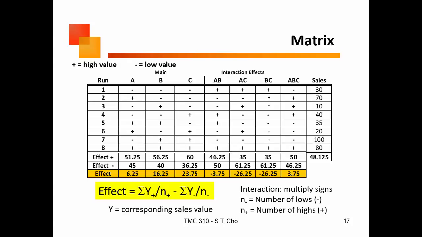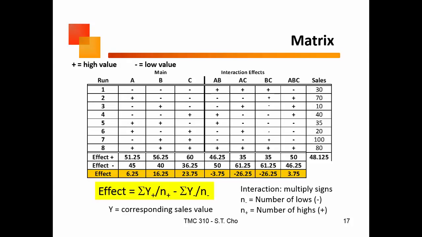Well, there's the high level effect and the low level effect. The way I calculate it is I look at all my variables that are high value, and then I compare it to sales. And so I add all of them up and divide by the number of positives I have. That's my effect plus. So let's do it for variable A.